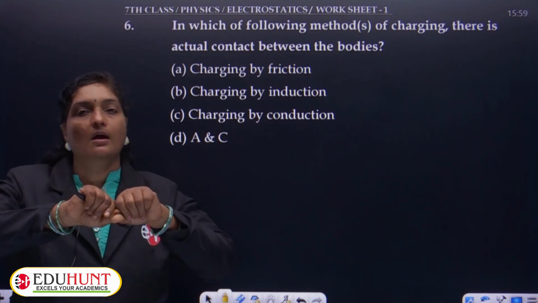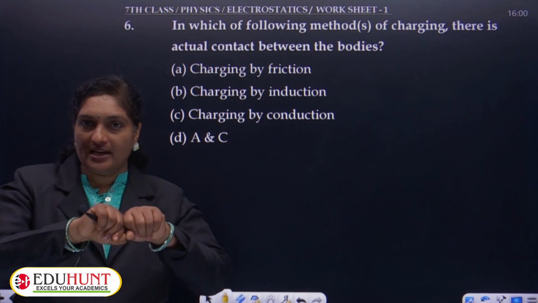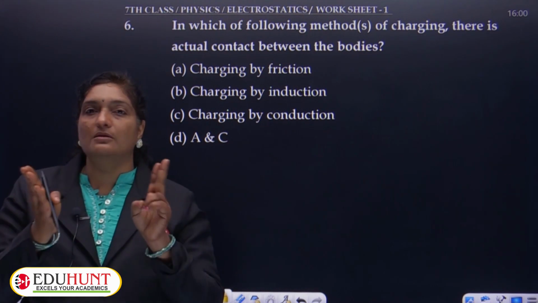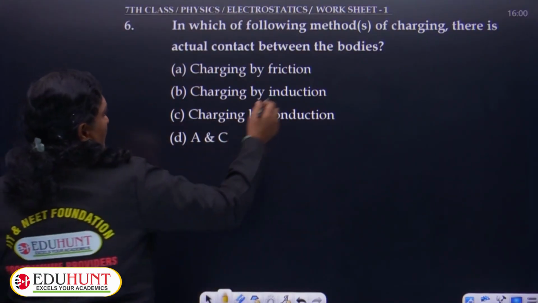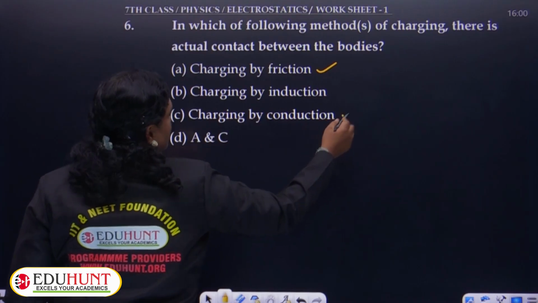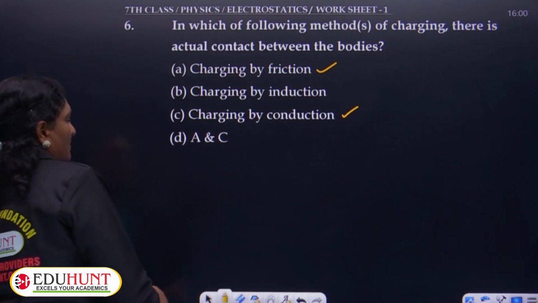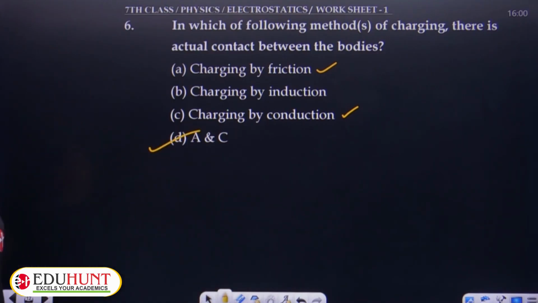In the method of conduction, both are kept in contact with each other. So, in charging by friction as well as charging by conduction, the 2 bodies must be kept in contact with each other. Hence, the correct option is both statements, that is A and C.